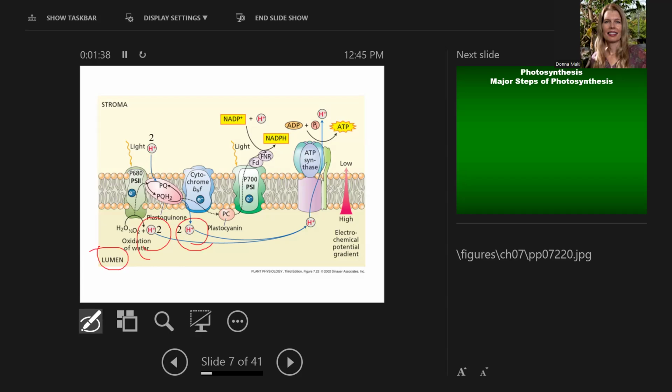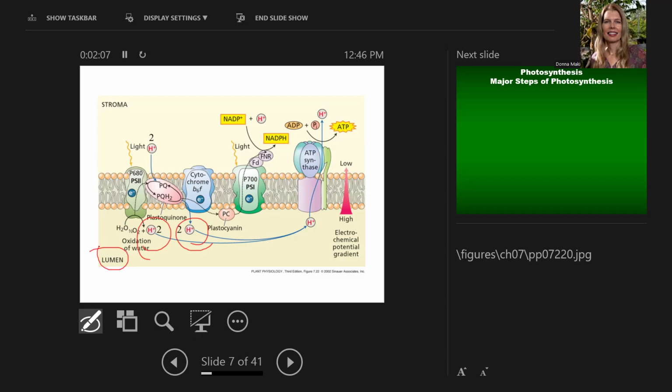And anytime you get a proton gradient across the membrane, that's a really good situation to make some ATP. So it's twofold. The light reactions really have two major things happening. You get reduction of NADP+ to NADPH, and you get a nice proton gradient, which will give you that ATP.